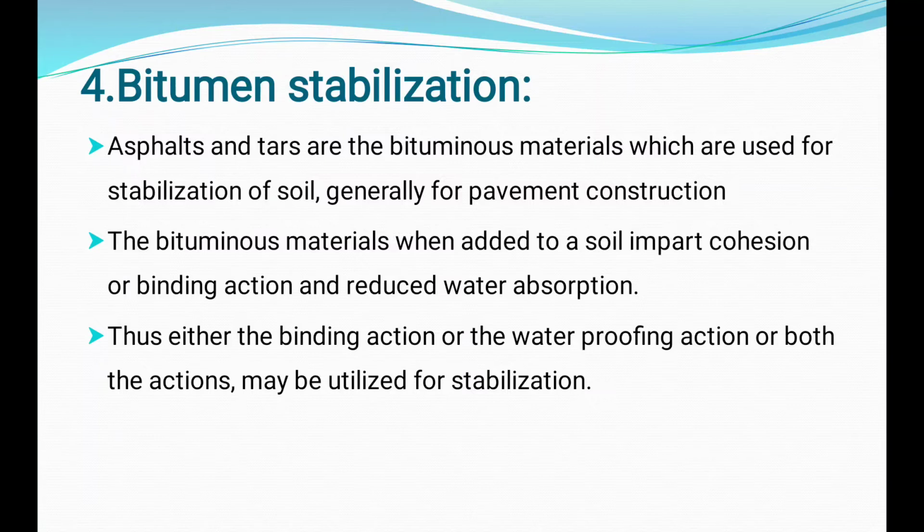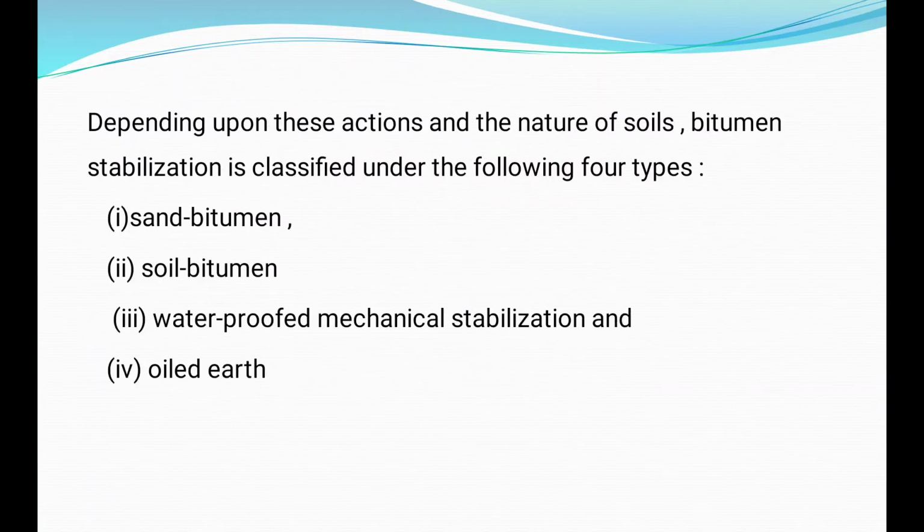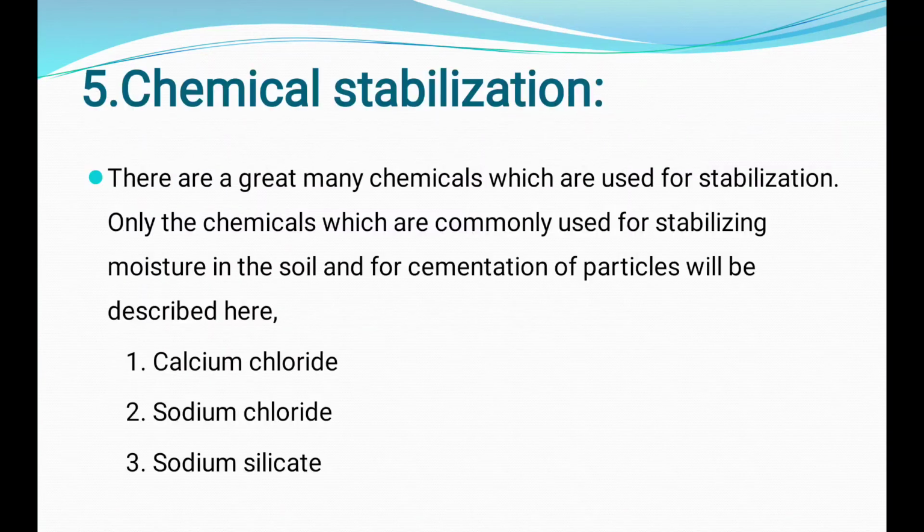Thus either the binding action, the waterproofing action or both may be utilized by this stabilization. Depending upon their action and nature of soil, bitumen stabilization is classified into four types: sand bitumen, soil bitumen, waterproof mechanical stabilization, and oiled earth.